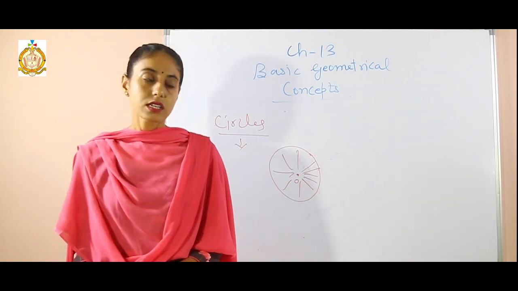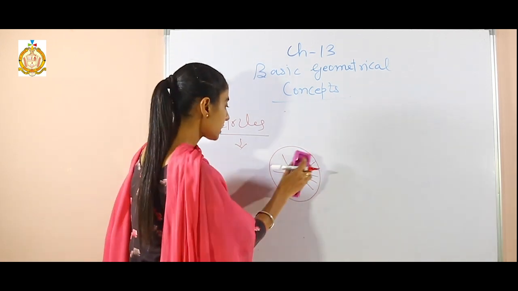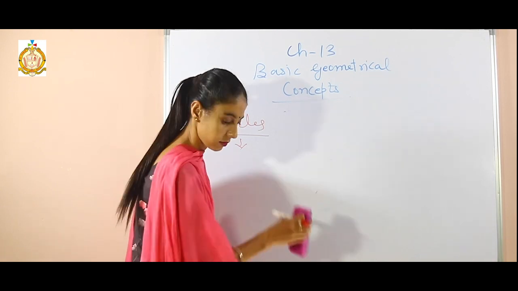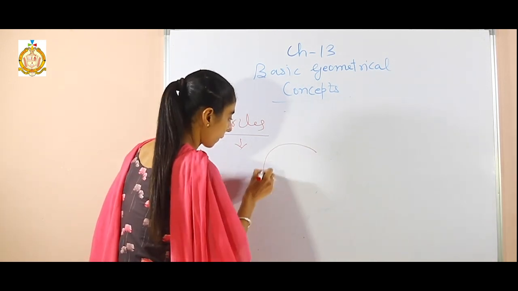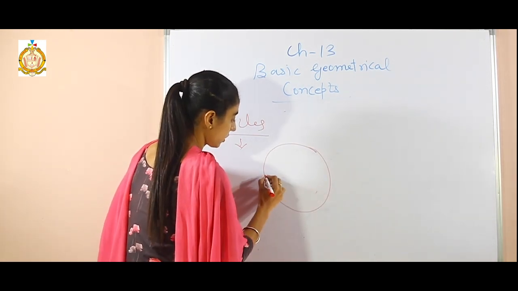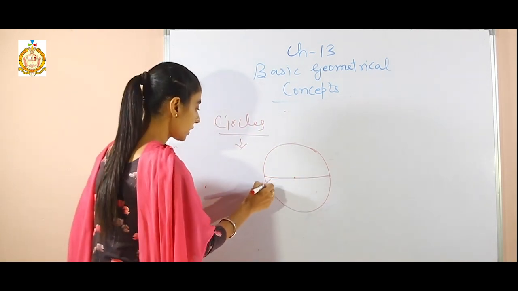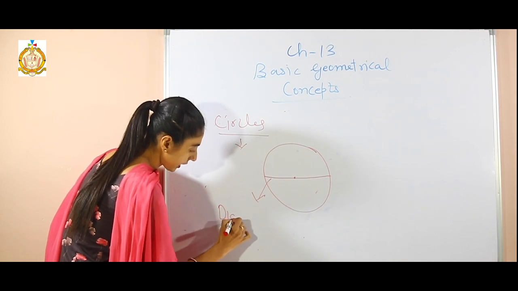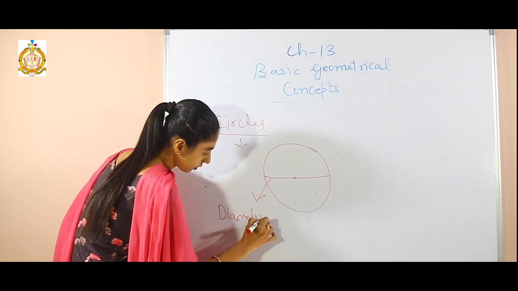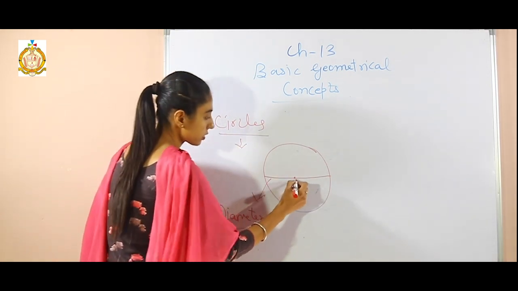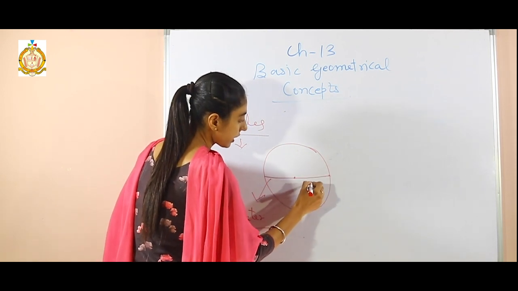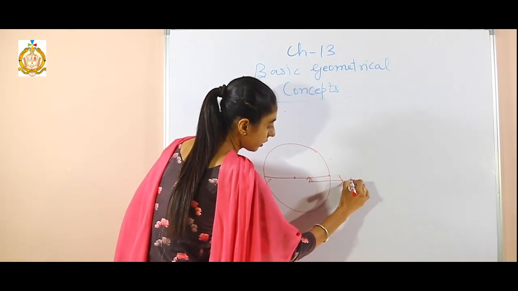This is called a circle. In the circle, the longest chord is called the diameter, and half of the diameter is called the radius.